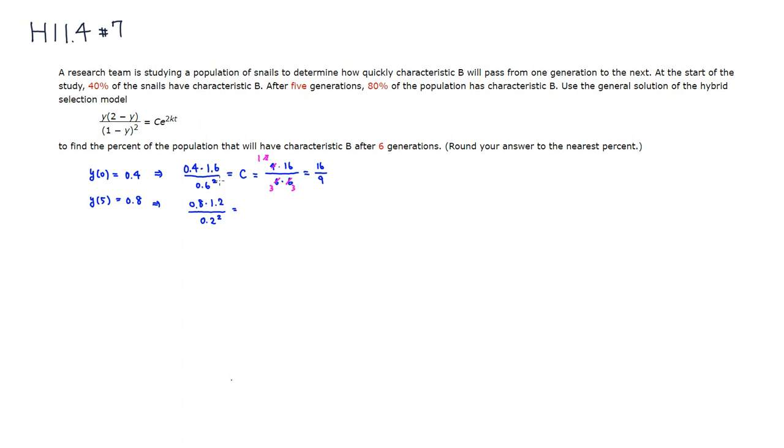That's equal to c, which we already know is 16 over 9, and then t is 5. So you have e to the 2k times 5. So it's 10k, right?